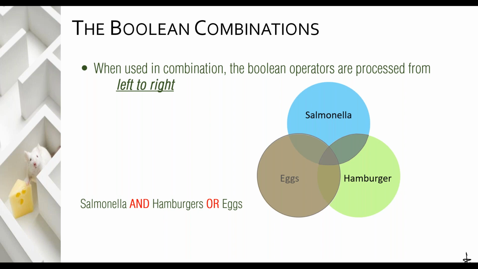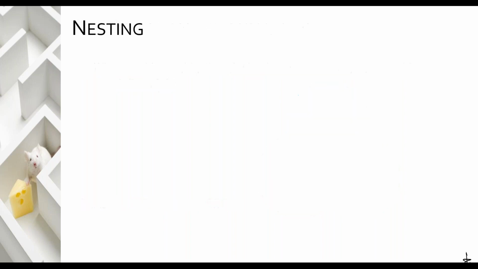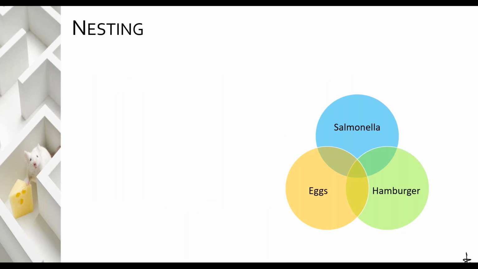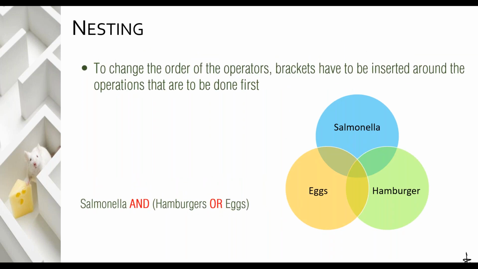Okay, so it's going to take the first one first, then the second, then the third, or it's going to take the ones inside the brackets first. This is what's called nesting. Nesting is basically putting something inside something. So it's exactly like doing math. Okay, so if I put the same question, salmonella and hamburgers or eggs, and I put brackets around hamburgers or eggs, the search engine is going to do that one first.